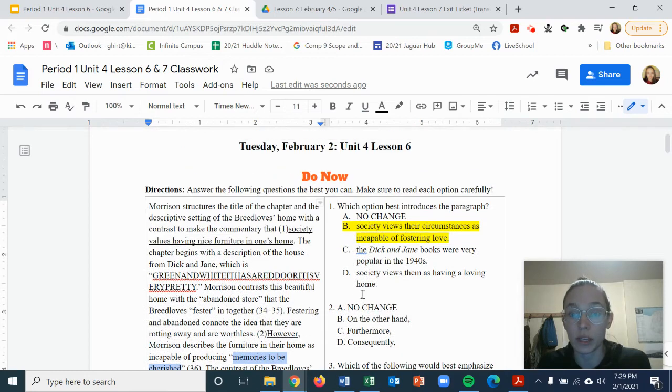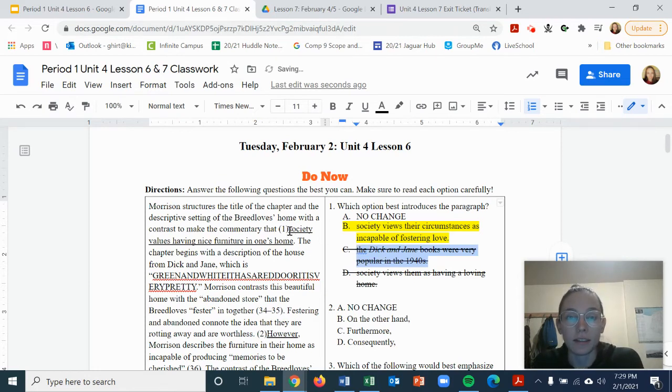So, right, we can eliminate for sure: society views them as having a loving home. That's the opposite, right? We can get rid of that right off the bat. The Dick and Jane books were very popular in the 1940s. Again, kind of related because this is from those Dick and Jane books, that chapter heading, but not really the central idea, right?